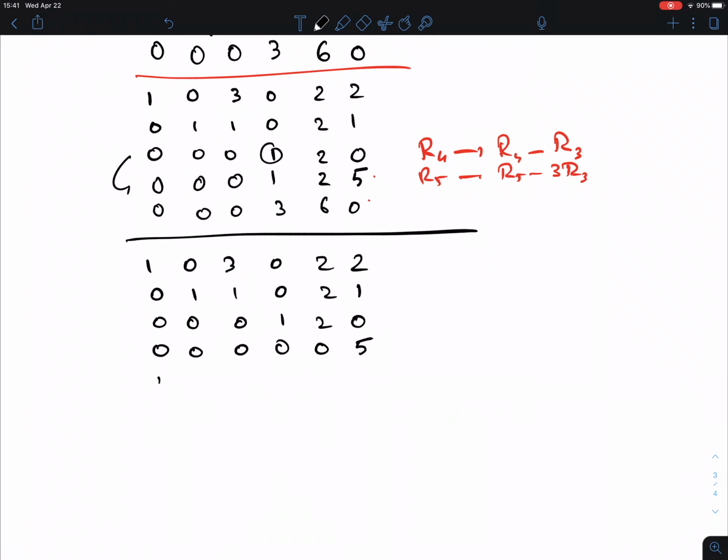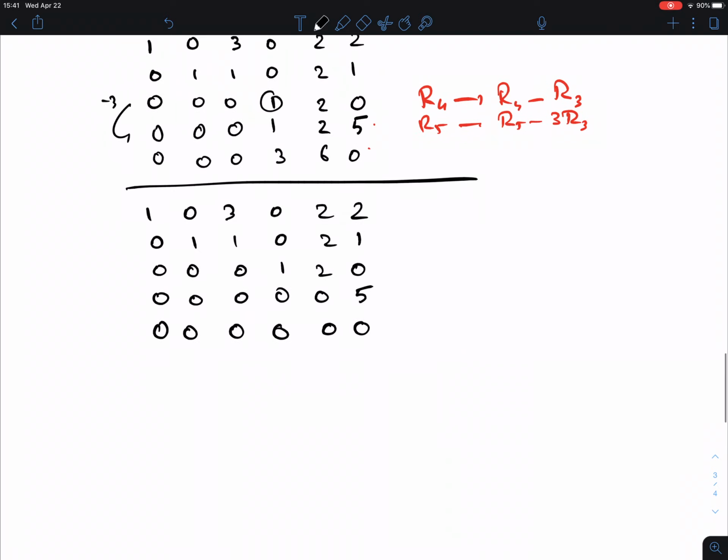And then same thing there, 0, 0, 0, now times negative 3 and add up there, 0, 0, 0, okay. And we're almost done, we need a pivot here, so that is done by the row operation, row 4 divided by 5. And I'm going to cheat a little bit and do it right here.